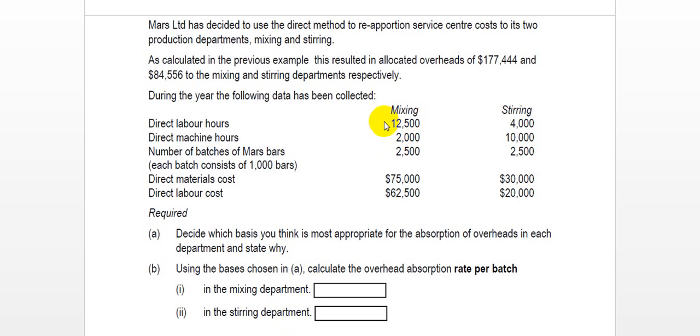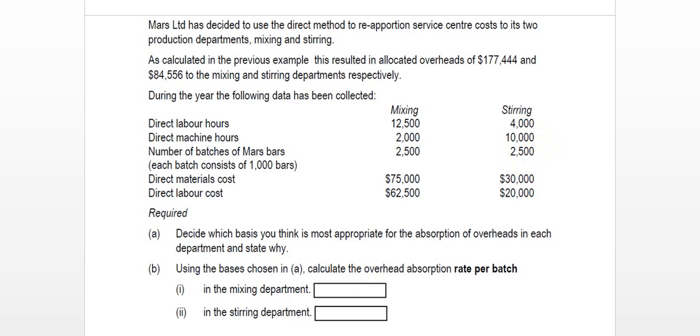In the mixing, the labor hours 12,500, number of batches 2,500. So labor hour per batch would be 12,500 divided by 2,500, which gives us 5. In the steering, we've got machine hours 10,000 divided by the batches 2,500, which gives us 4.